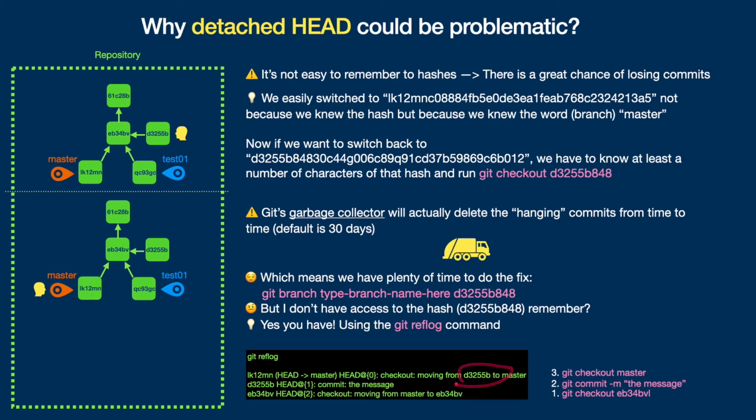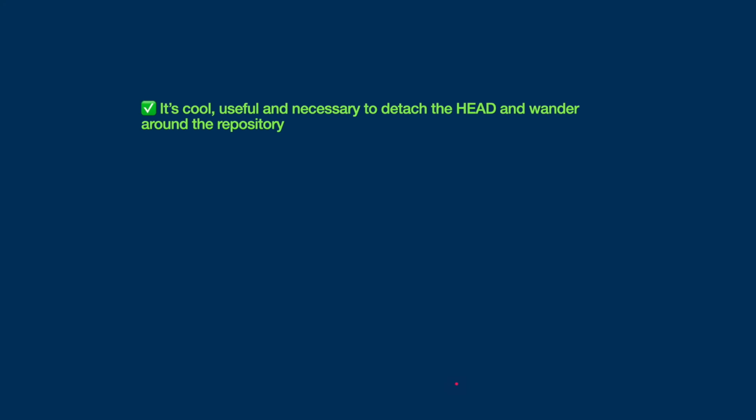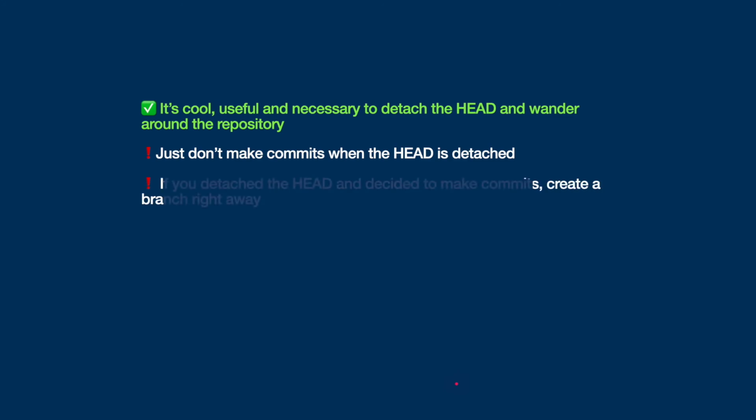So here are the takeaways. It's cool, useful, and necessary to detach the head and wander around the repository. Just don't make commits when the head is detached. If you detach the head and decide to make commits, create a branch right away.